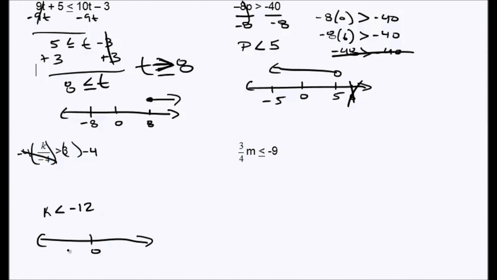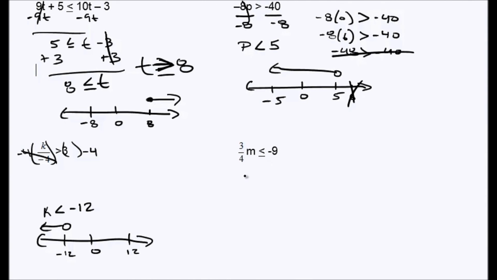So you have 0, negative 12, 12. It starts here, but it's open because it doesn't include it. It's not equal to, and it's all my solutions that are less than negative 12. So it's actually going this way. Less than negative 12 means it's all my negative numbers that are going this way.